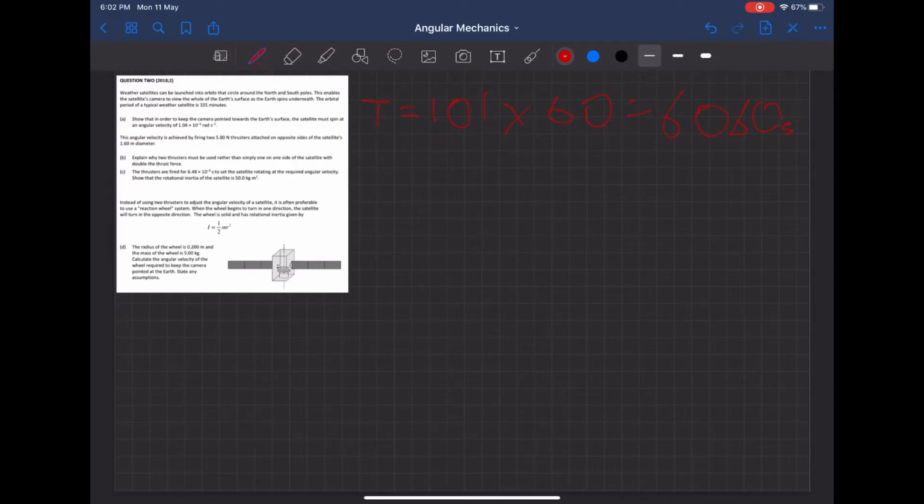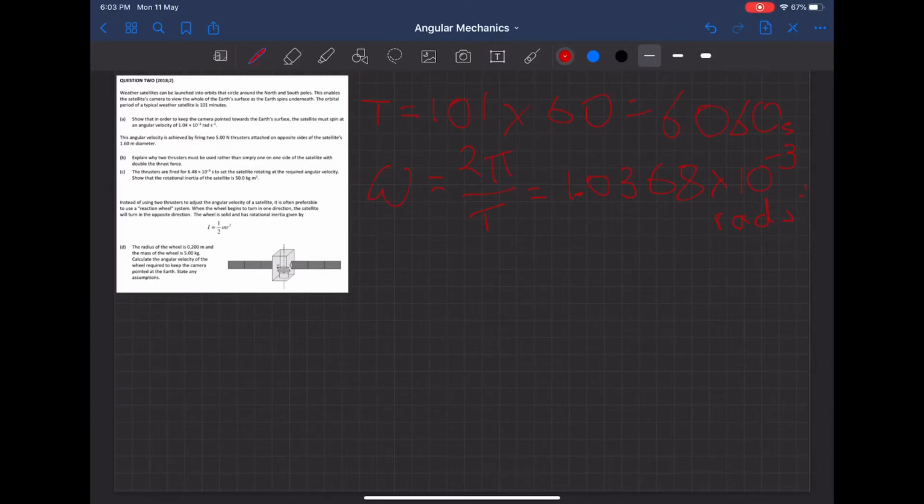From that, we know that the angular velocity is equated to 2 pi over T, our period, and from that we can calculate our answer. If we plug in the numbers, 2 pi divided by our period of 6,060, we get the answer 1.368 times 10 to the negative 3, and our units here would be rads per second.